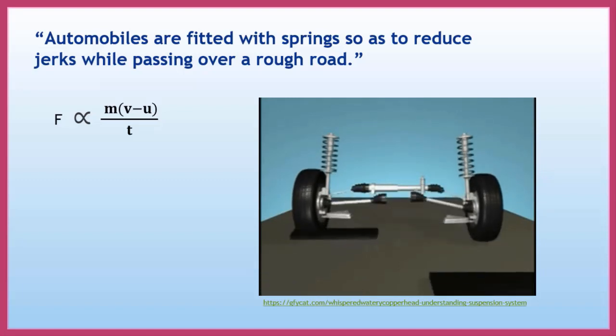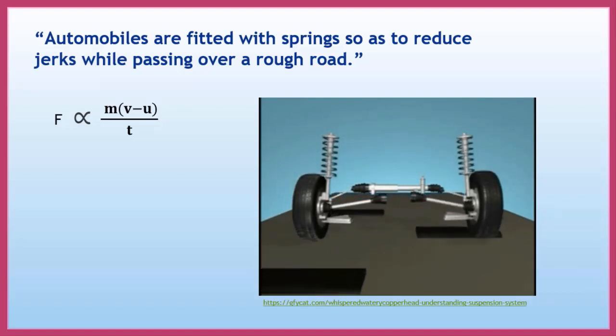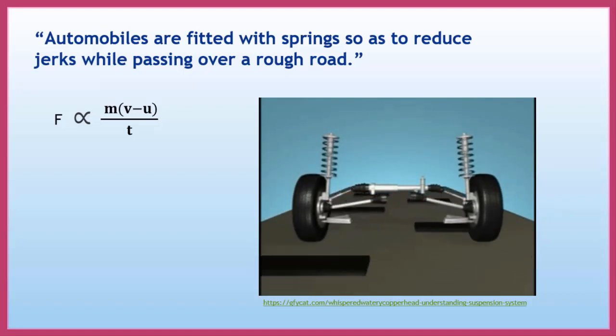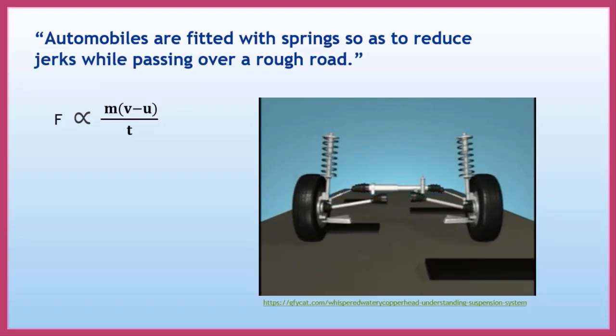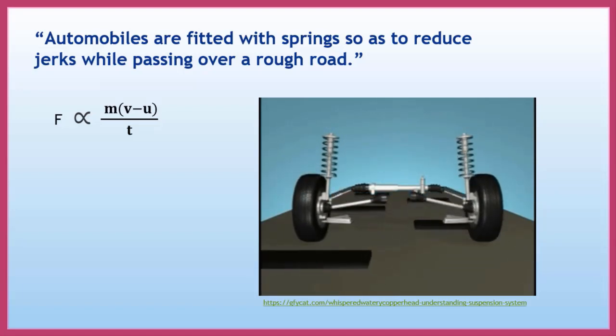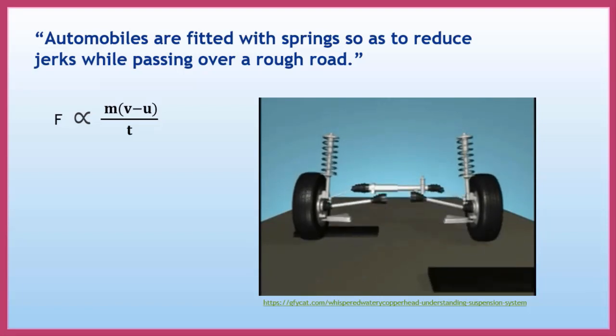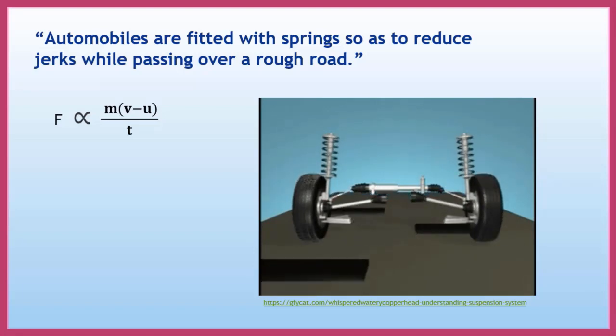When a vehicle passes over a bumpy or rough road, the wheels will experience a force, and that force will be passed to the passenger. So these springs are basically increasing the time of contact with the passenger. So with more time, less force and fewer jerks will be experienced by the passenger inside the vehicle.